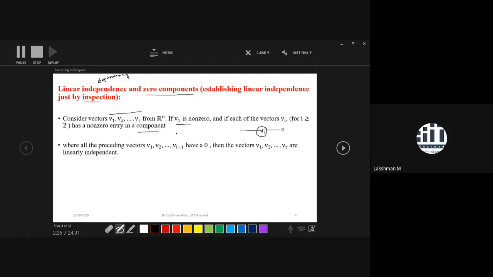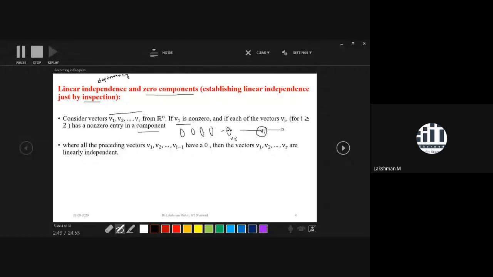In the list we have V1, V2, V3, likewise V4, and suppose here V5. In V5 we come across one non-zero entry.